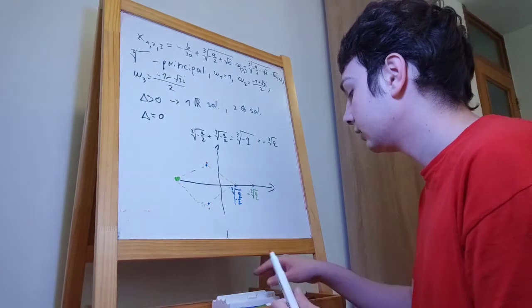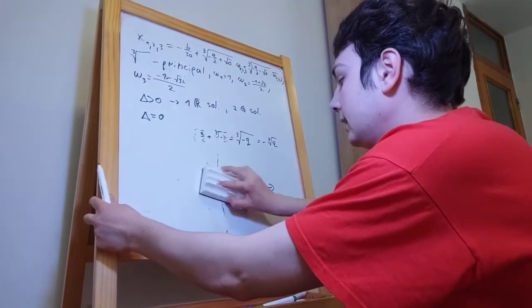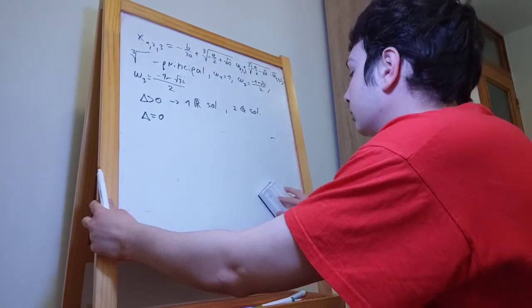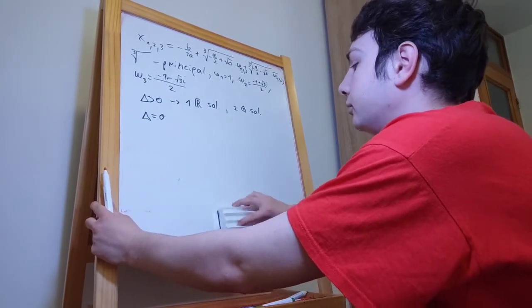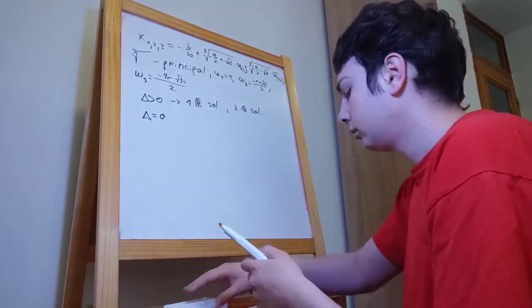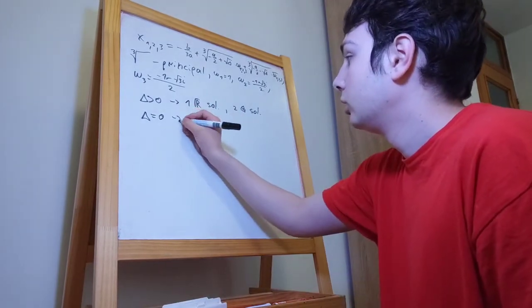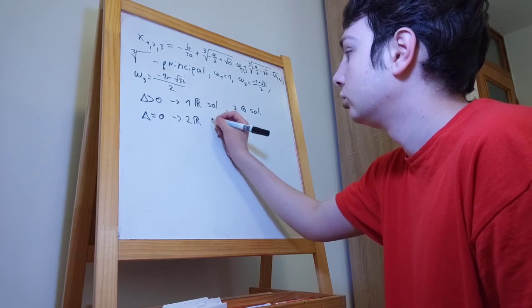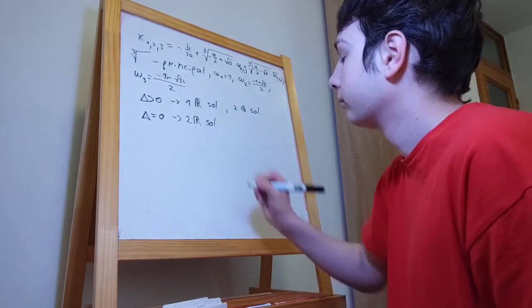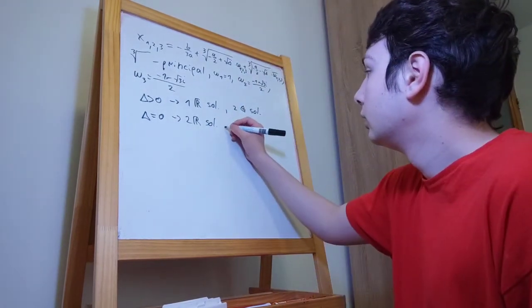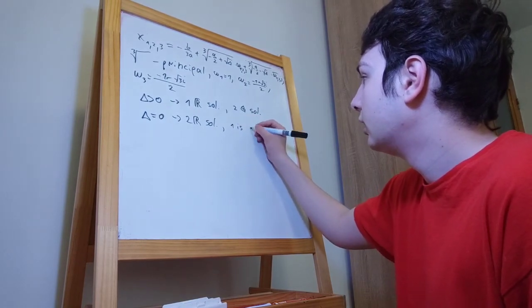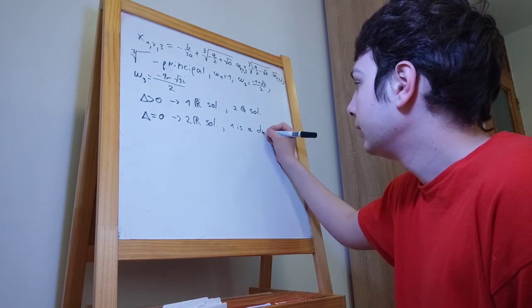So what we can safely say is that when delta is equal to 0, you get two real solutions and one is a duplicate.